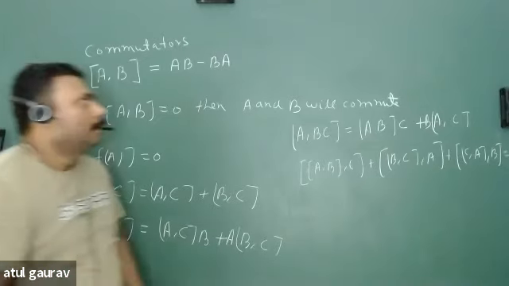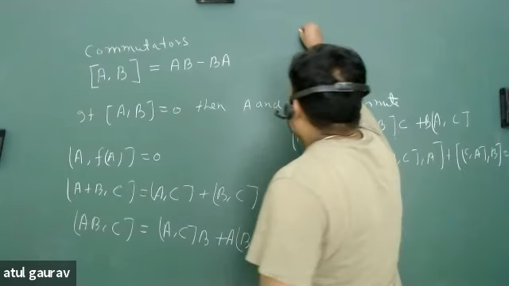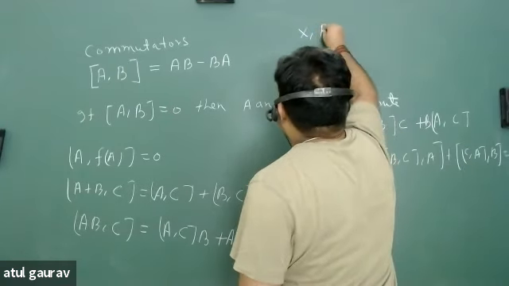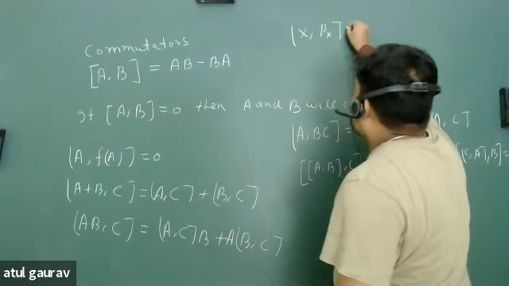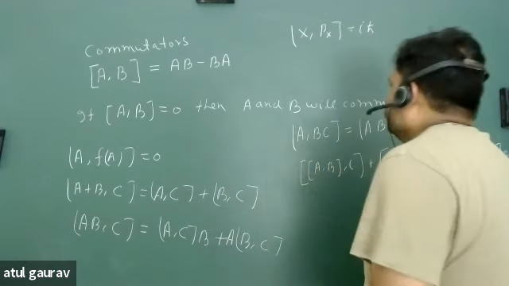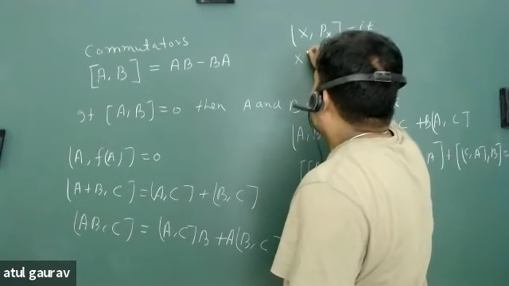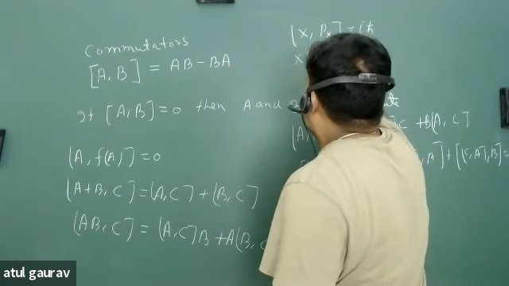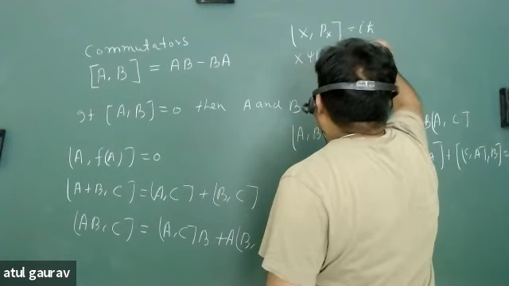And now here we can also prove that the commutator of the X and Px operators is equal to i h cut. How can we prove it? You can easily say, what is the X operator? The X operator operates on any function and just gives x times that function.